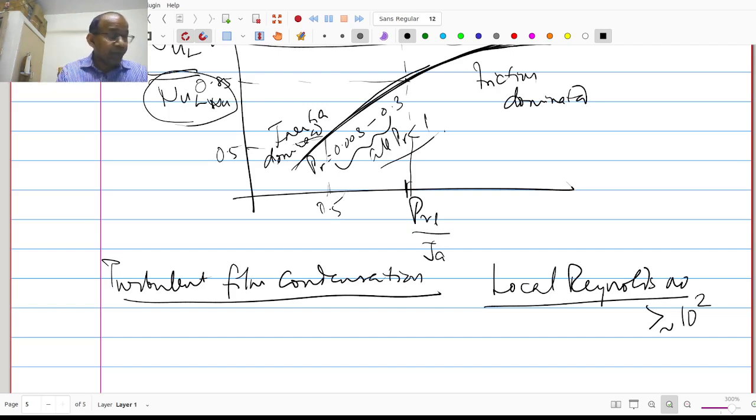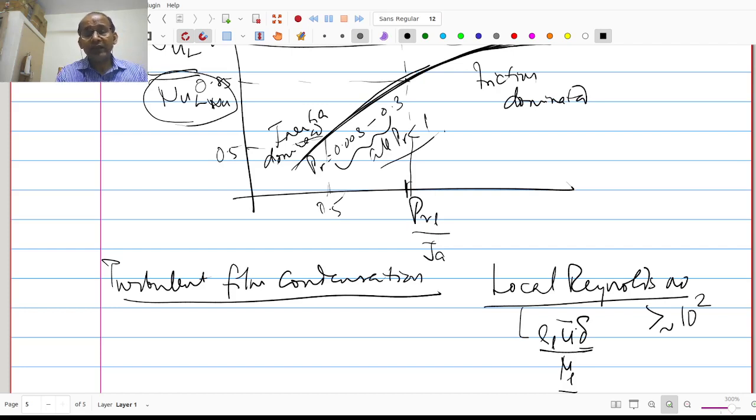Now, in this case, the local Reynolds number is typically defined as rho L U bar delta divided by mu L, where rho L is the liquid density, mu L is the liquid viscosity, delta is the thickness of the film, and U bar is a representative average velocity of the region.